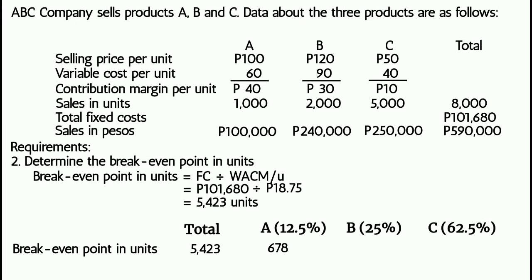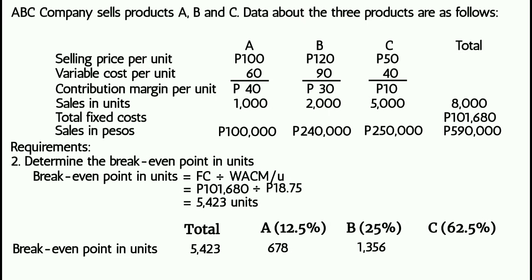For product B, 5,423 units times 25%. That is equal to 1,356 units. 1,356 units ng product B ang dapat na mabenta to break even.